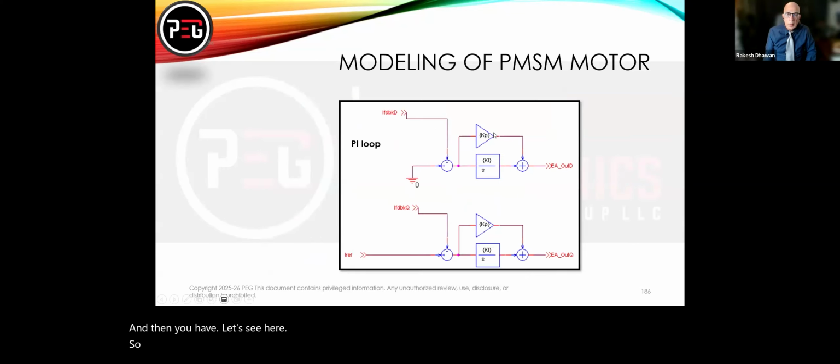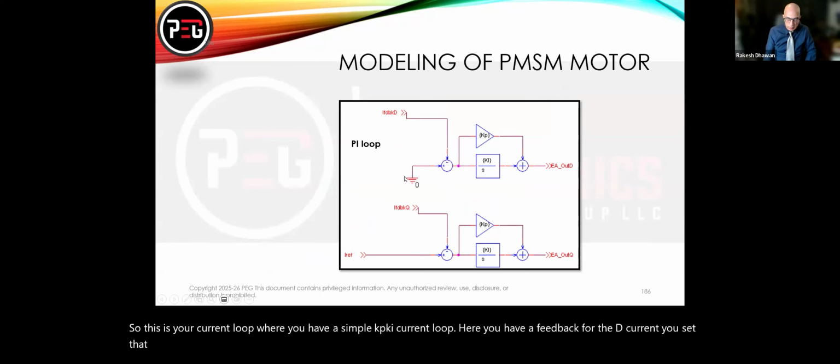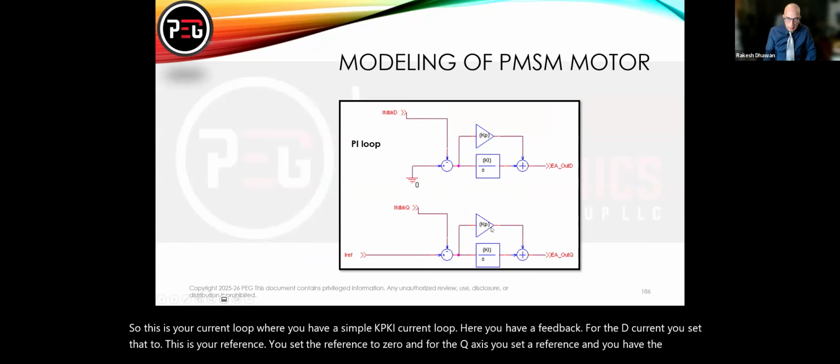Then this is your current loop, where you have a simple KP KI current loop. Here you have a feedback for the D current, and you set the reference to 0. For the Q axis, you set a reference, and you have the Q feedback, your PI.